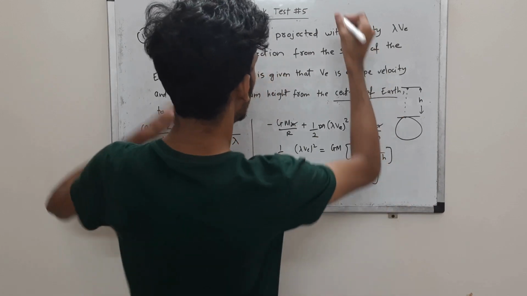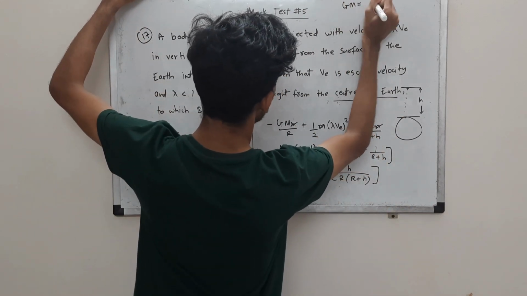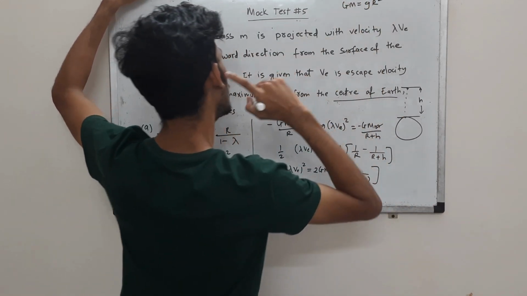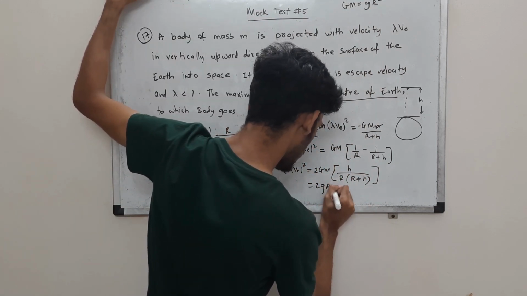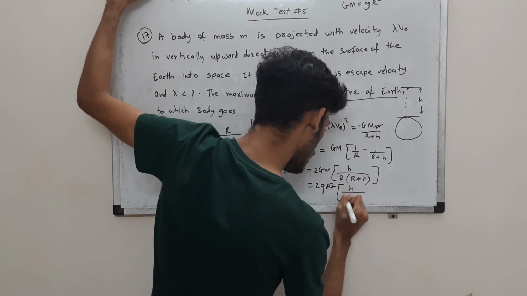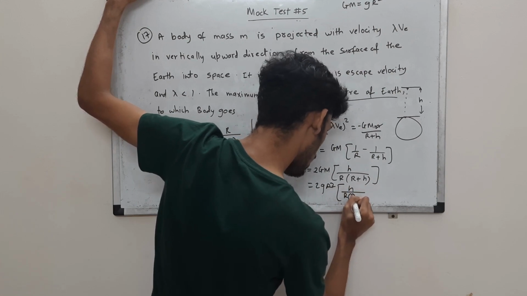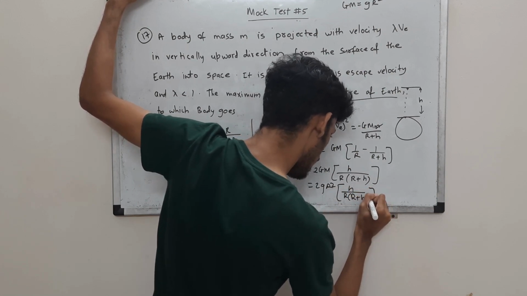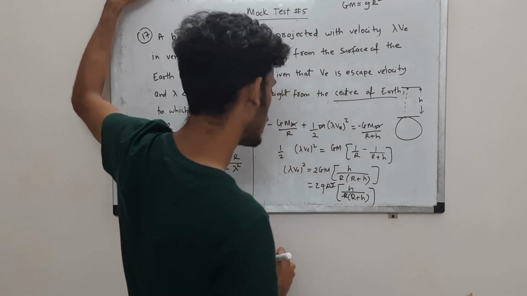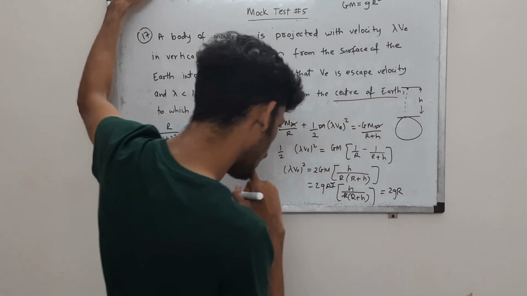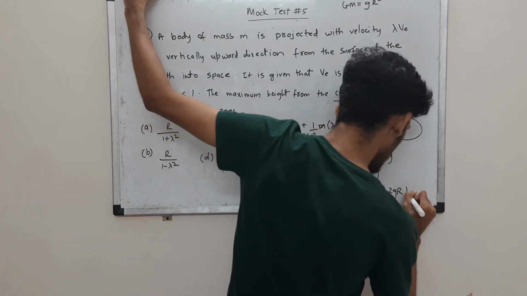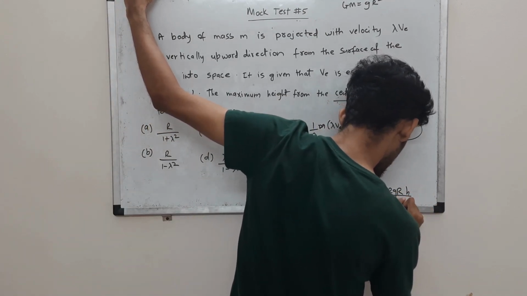Now GM can easily be replaced by gR square, since we know GM is gR square. So here we have gR square, and h upon R plus h. R and R will get cancelled. So finally we have 2gR, h upon R plus h.